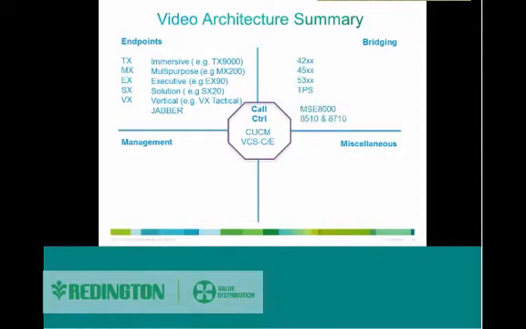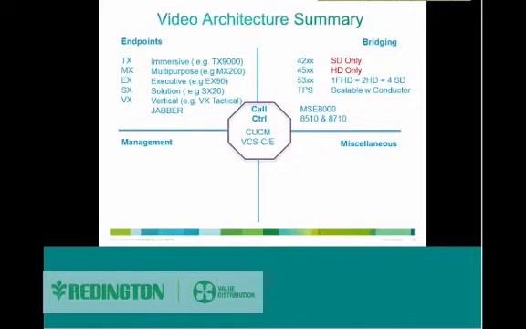For the bridging, we have the 4200 series MCU, the 4300 series, the 5300 series, and TPS. The 4200 will support only standard definition, the 4300 can support high definition video calling, and the 5300 series can support full HD, that is 1080p resolution.